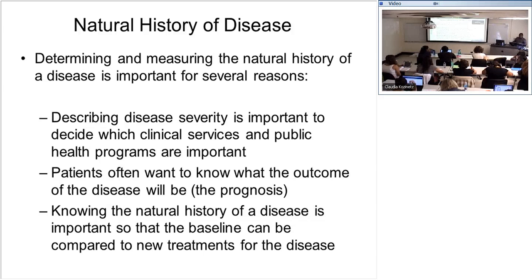So when we know that if a disease is not treated, this is the outcome, and when we treat the disease, we can compare the outcome of those treated to what would have been expected. And we know that, okay, this public health program is actually important, or it's effective. Therefore, we need to invest energy and resources in it in order to reduce the unwanted consequences associated with the disease.